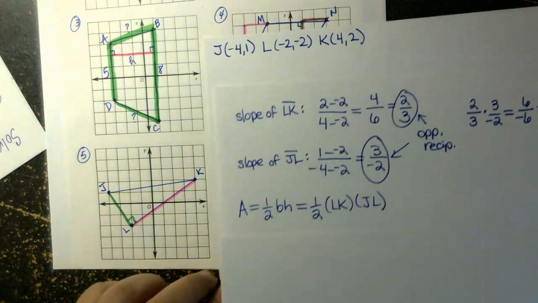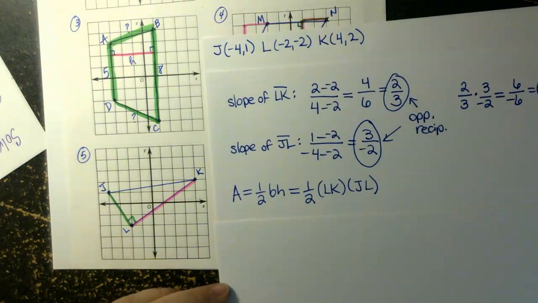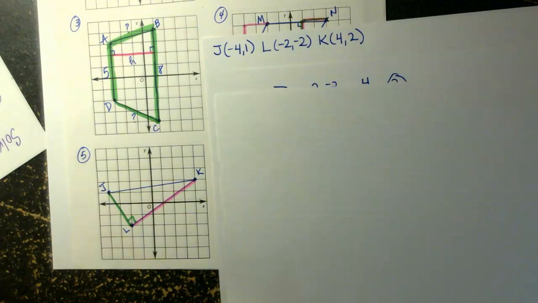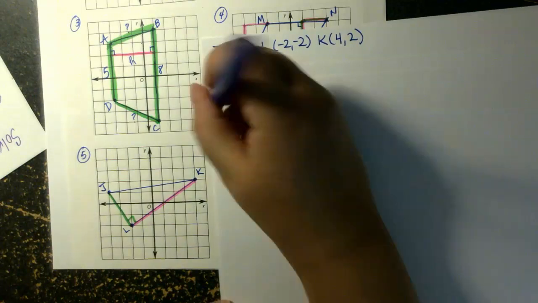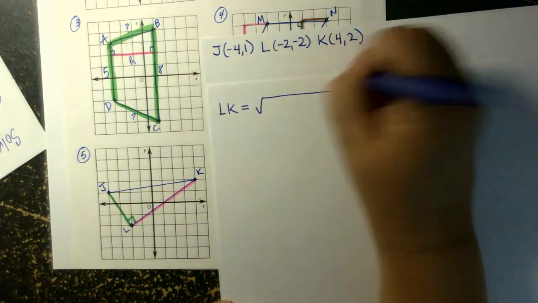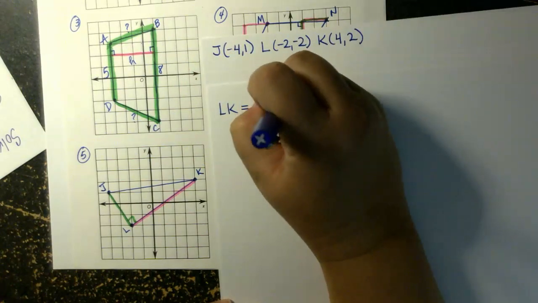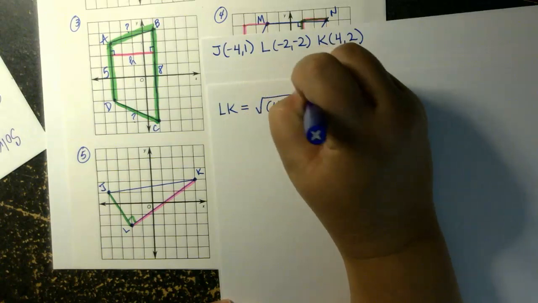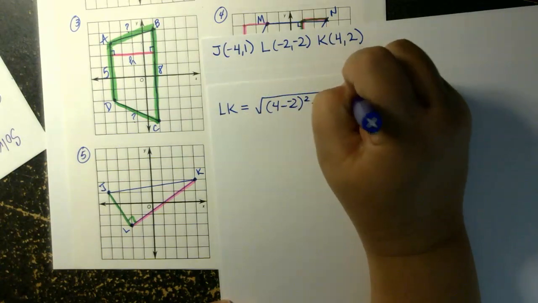I need to get my coordinates up there again where I can see them. Let me go ahead and move this up here. Length of LK. Distance formula for LK is the difference between the x's squared plus the difference between the y's squared.